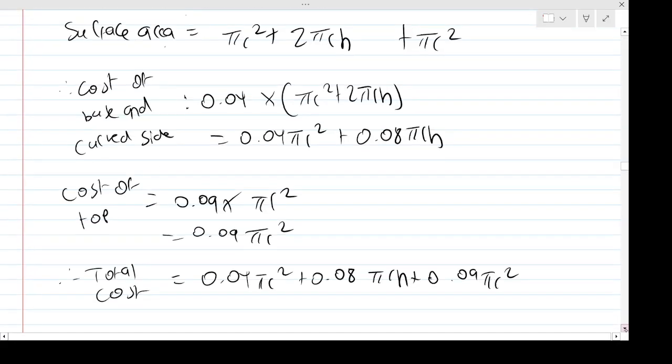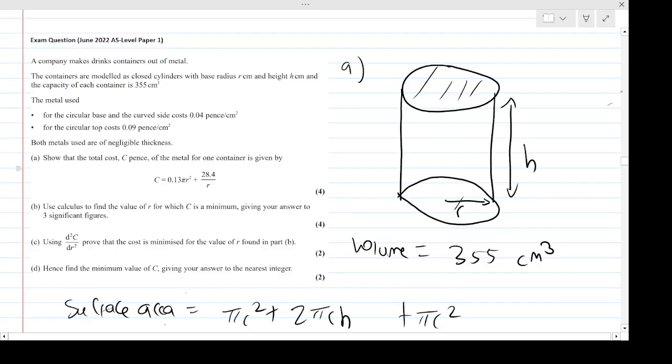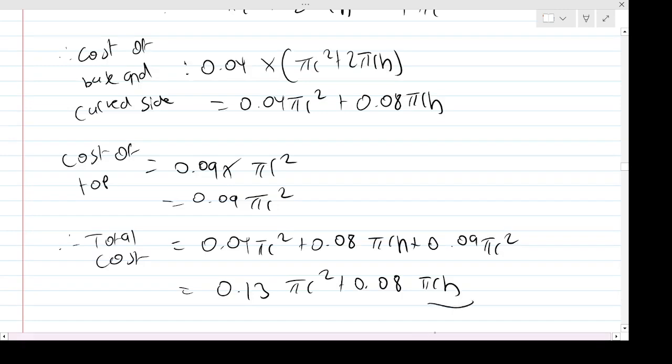Then I can add the pi r squareds to get 0.13 pi r squared, add 0.08 pi rh. So that's my cost, right? But I need to match the equation I've been given. What do I notice? There's no h involved, right? There's no h. I have an h here though, I need to get rid of that.